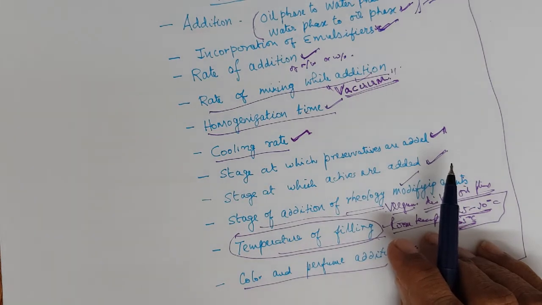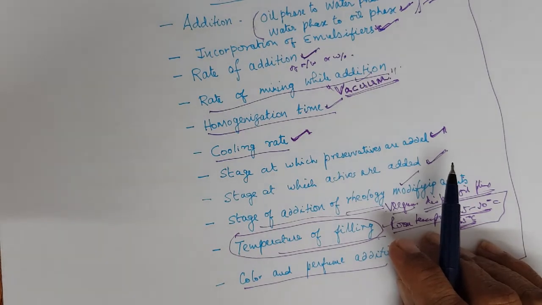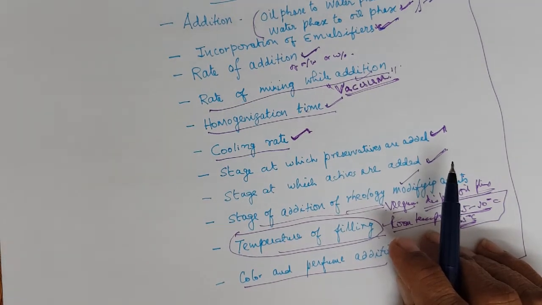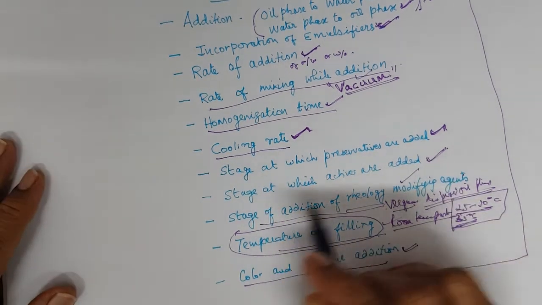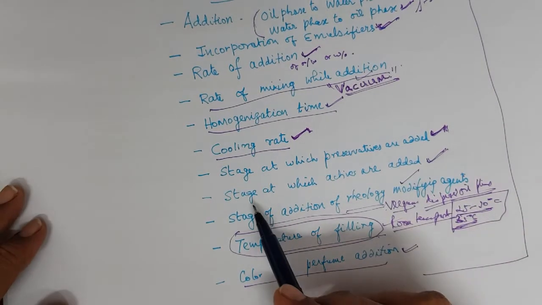We have to ensure that what we add at low temperature, like perfume, color and preservative, is uniformly mixed in the product, especially in a 1 ton batch. The stage at which preservatives are added has to be finalized.